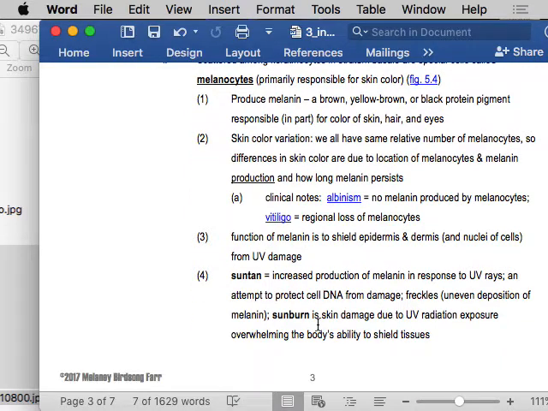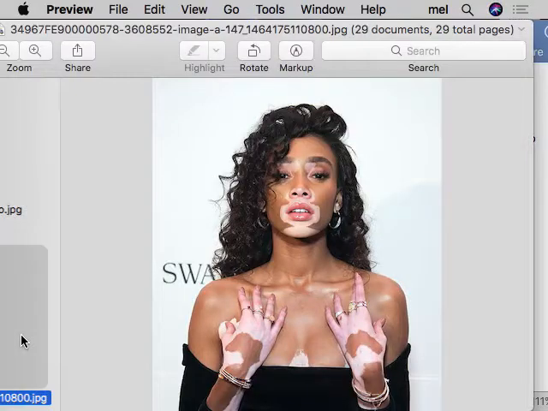Okay, so what is a suntan and what is a sunburn related to this story? This is important for you guys to understand. What a suntan is: if you hit your melanocytes with UV radiation, they will try to increase their melanin production to protect you. That's what a suntan is, right?